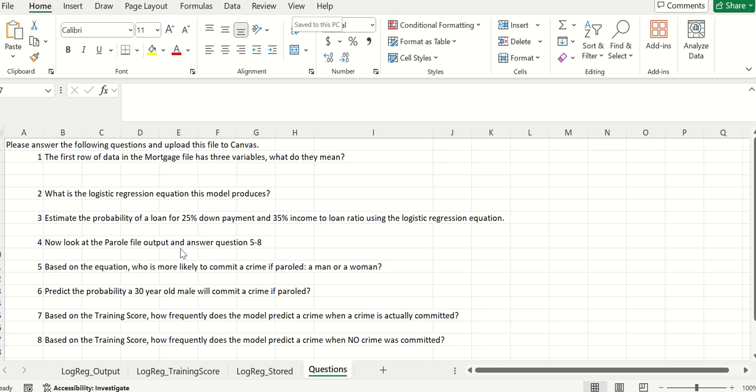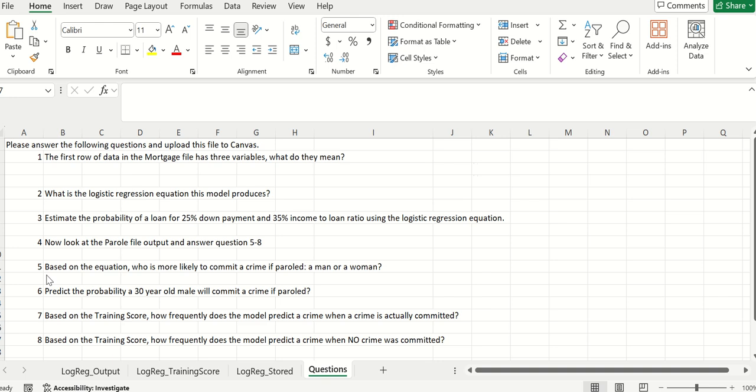Next, questions 5 through 8 are looking further at logistic regression output data and interpreting the results that come out of it. If you open, and you already have it open, the parole file is the logistic regression output and questions, and it says for question 5, it's asking you if a man is more likely to create a crime or a woman.